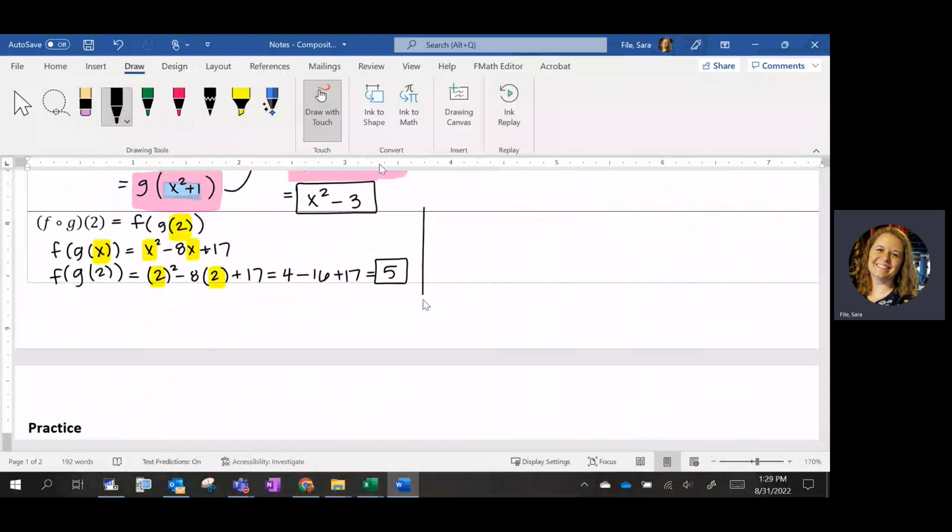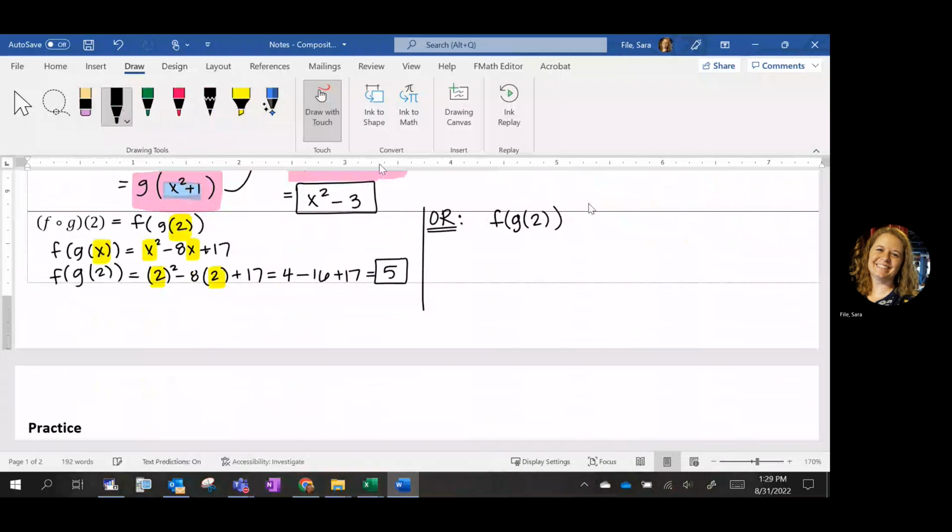the other option, I'm going to split this box and show the other option over here. Okay, or we can do it this way. F of g of 2. Okay, I'm going to call this side working inside out.